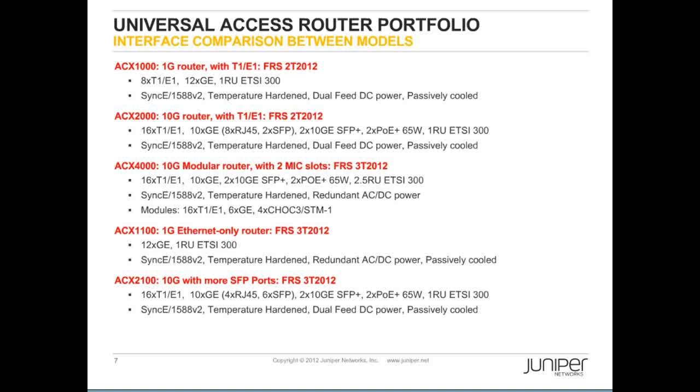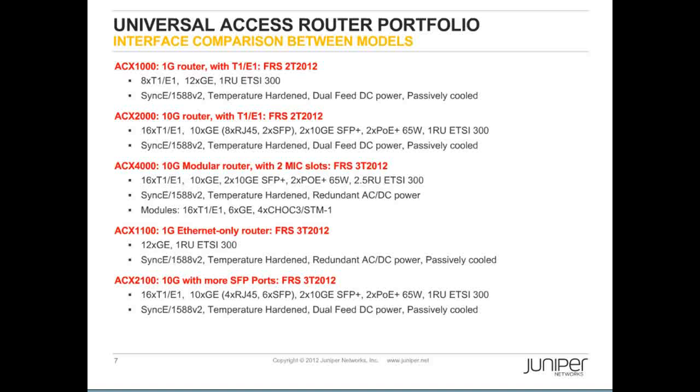This slide depicts the 5 platforms that are being introduced this year, and the differences are mainly in the kind of ports and the capability. So just before we go through this list, the FRS target that you see here, 2T, 3T, refers to 3 Junos releases per year.